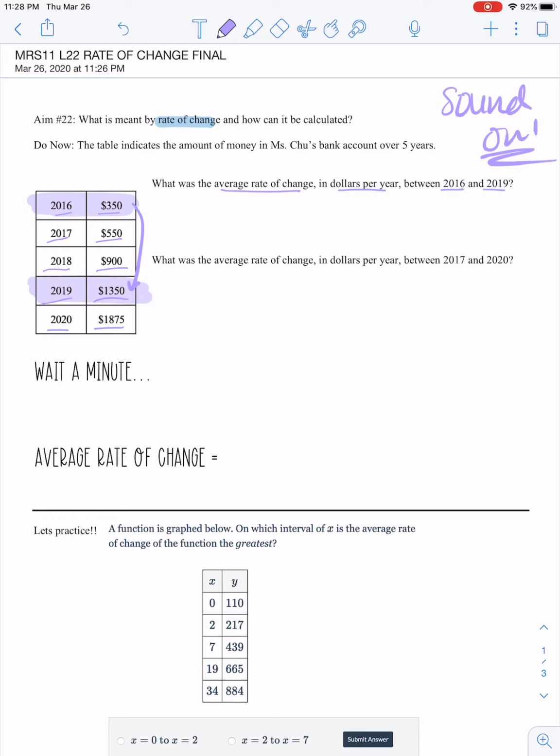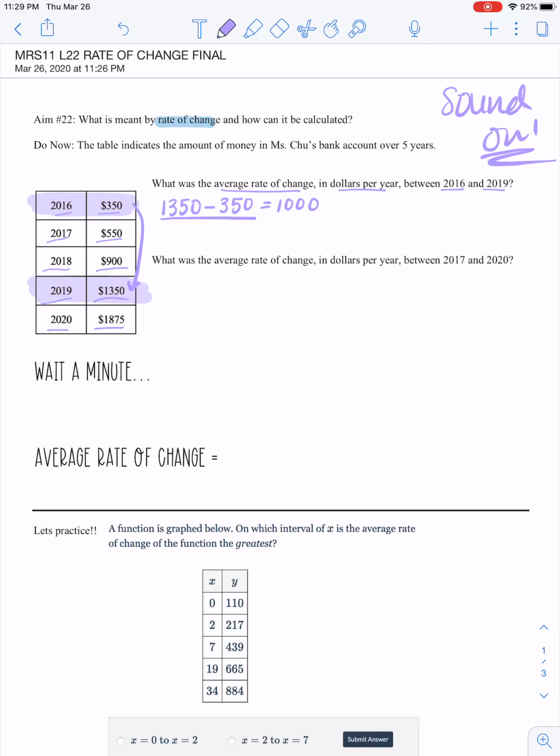So another way to figure out how much something changes by every single time is to subtract. So if I want to show my work, my average rate of change is $1,350 minus $350, and I get $1,000. And now don't forget the years, right? Because that happened between 2016 and 2019.